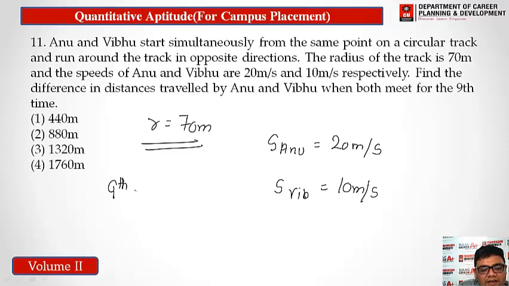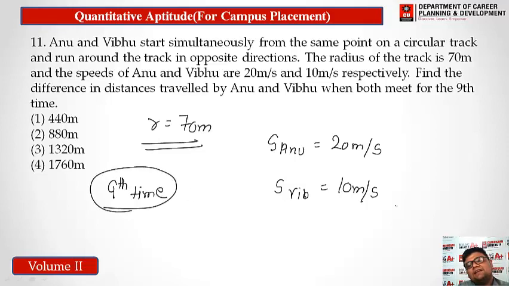They are meeting the 9th time, right? So the time taken for the meeting will be the same. Suppose if we are meeting for the first time, Anu will travel for x minutes, then Vibhu will also travel for the same time, x minutes. That's why they meet, right, at the same time.